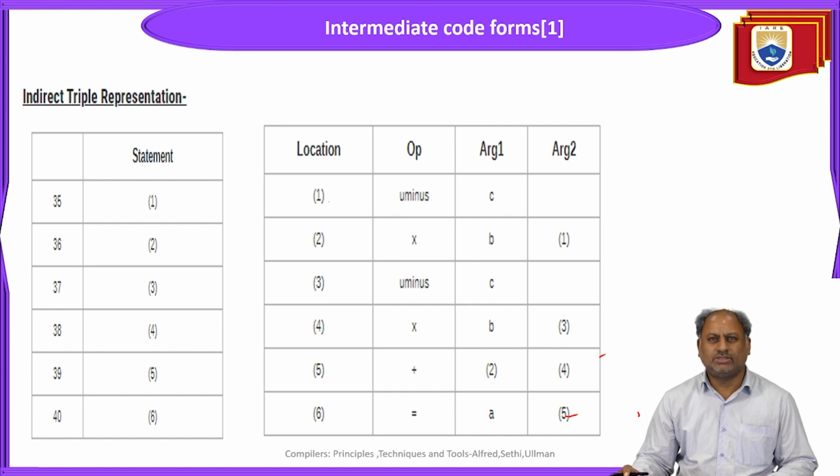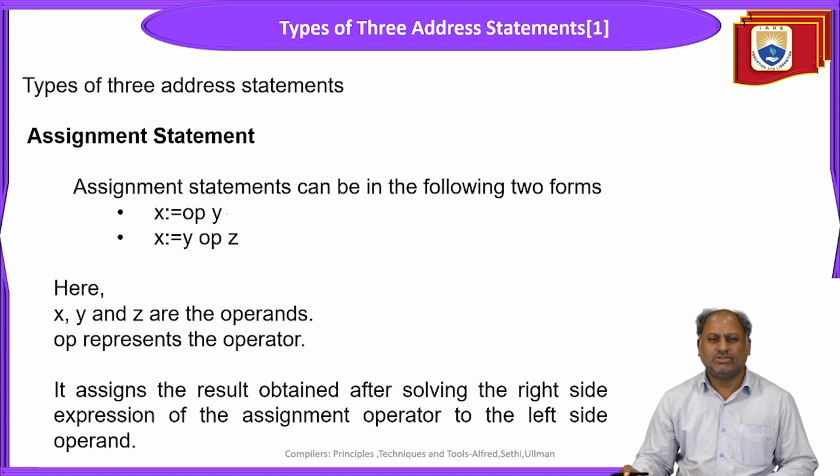Whereas indirect triple uses a two-column notation, where one column gives a number representing the corresponding statement, and the second gives a pointer to that particular instruction. So the two-column representation is the same as the triple representation, only instead of a reference to the instruction, we give a pointer to the instruction.